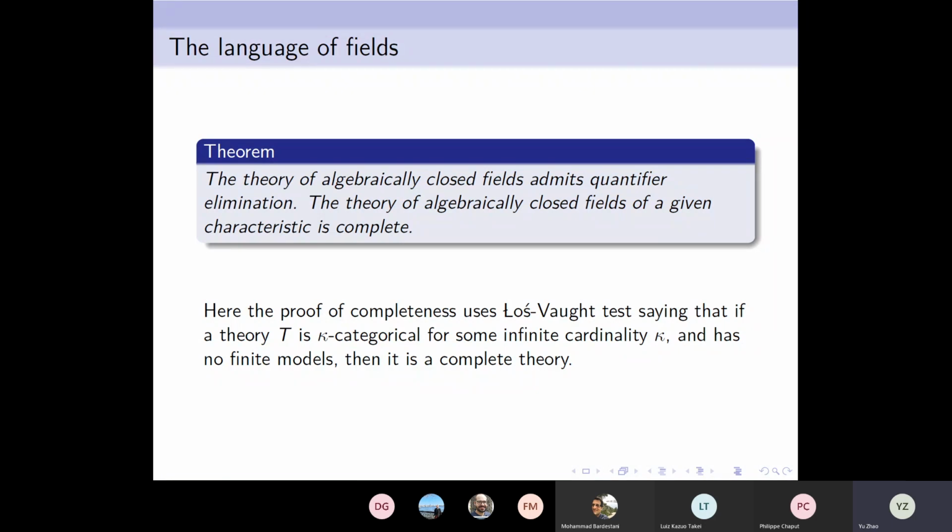We can always find an algebraically closed field of uncountable cardinality, no matter what the characteristic is. So the theory of algebraically closed fields is complete if the characteristic is given. If it is not given, it's not complete.